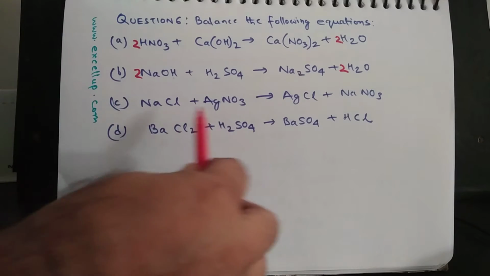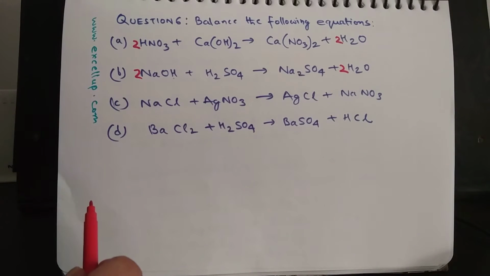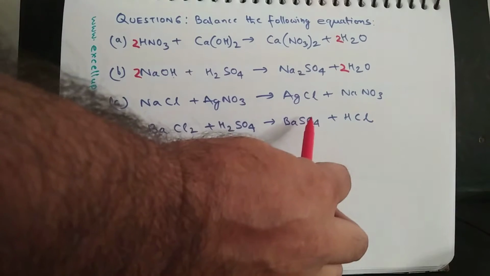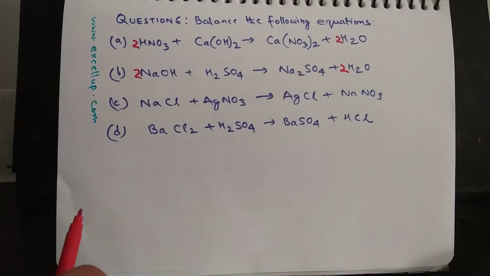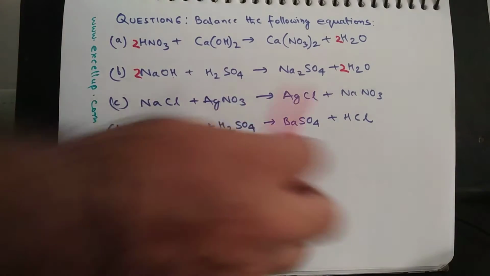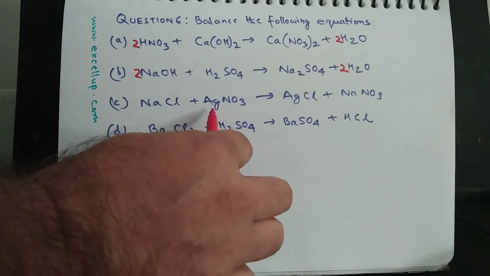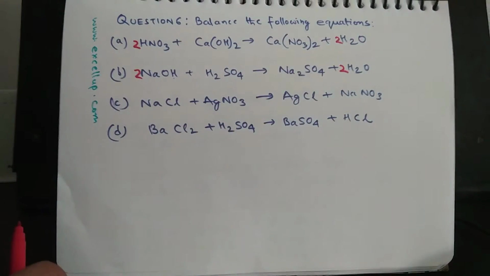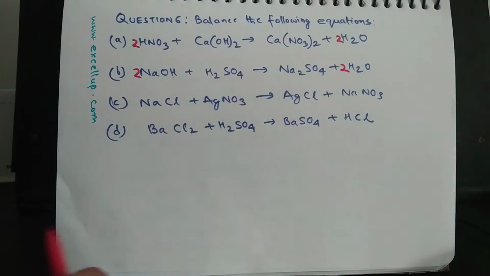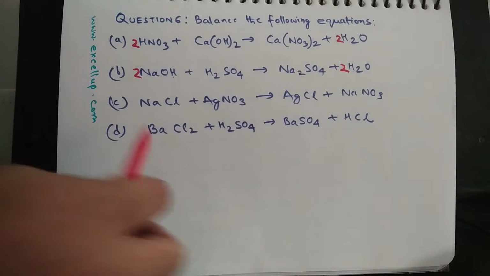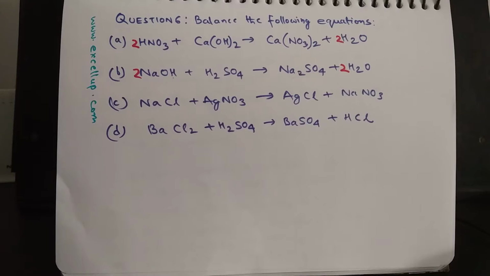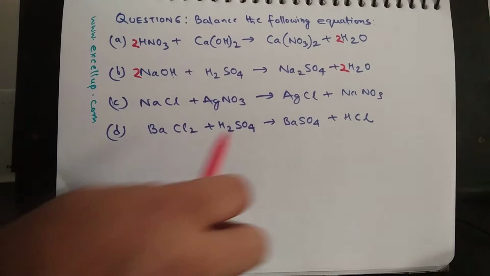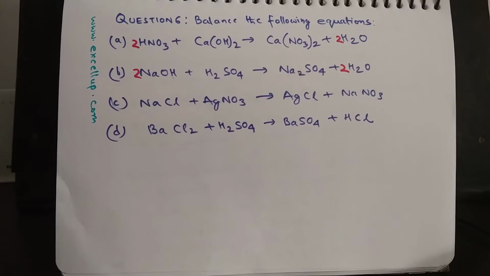C. NaCl plus AgNO3 is equal to AgCl plus NaNO3. This appears to be balanced because the number of sodium is 1, silver atoms same, chlorine same, nitrate same. D. BaCl2 plus H2SO4 is equal to BaSO4 plus HCl.